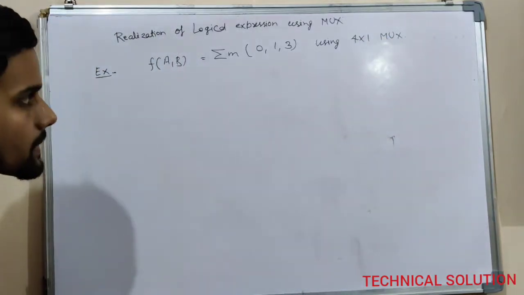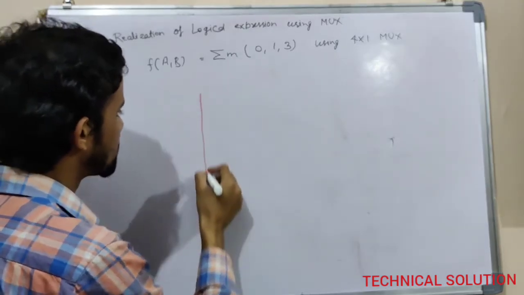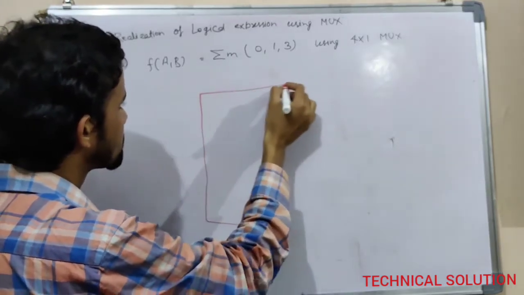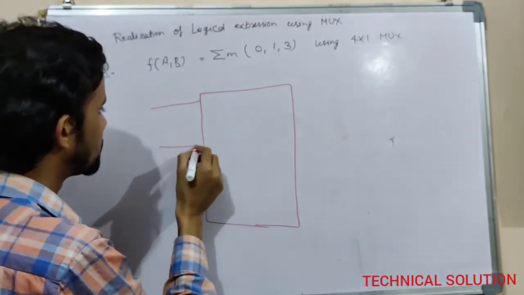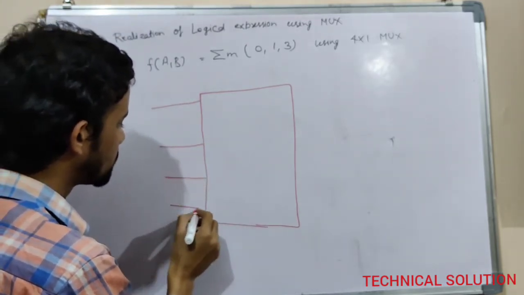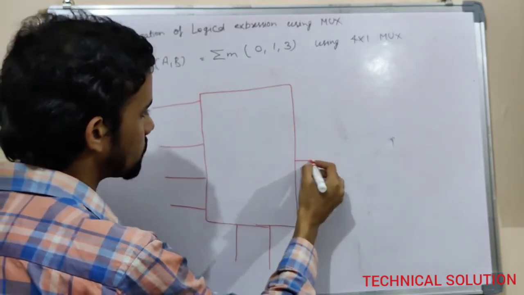In a 4x1 mux, first we have to design a 4x1 mux like this, in which there are 4 inputs and 2 selection lines, and 1 output.